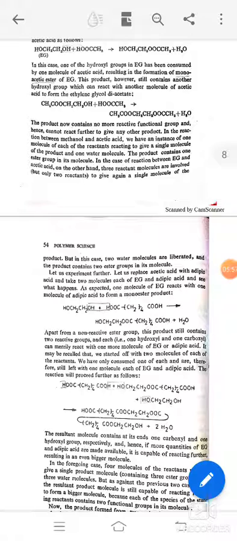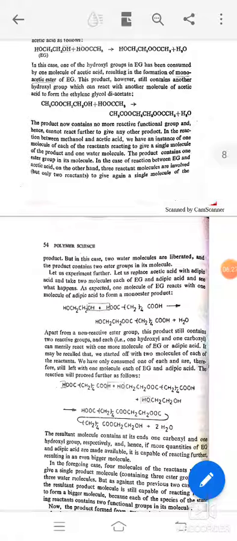This is ethylene glycol, CH2OH CH2OH, and this is adipic acid, to form a hydroxy ester. Apart from the non-reactive ester group, this product will contain two reactive groups, a carboxylic acid and a hydroxyl group, and can react with one more molecule of ethylene glycol or adipic acid.